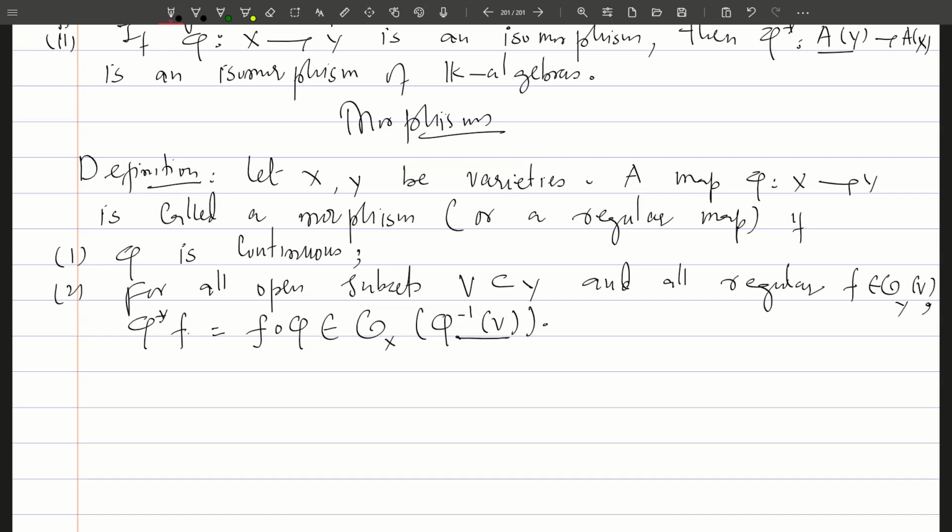So the condition that phi is continuous is in the definition precisely so that phi inverse V is open.